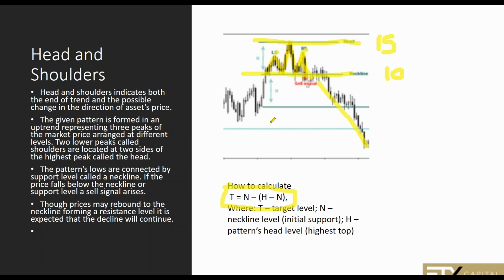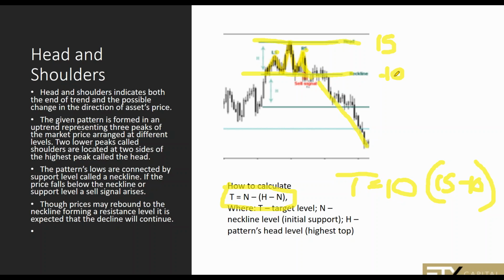The neckline's 10. So the target price for the breakout, T, which is target price, is equal to the neckline, which is 10, minus the head, which was at 15, minus the neck. So it actually is the height of the total movement.